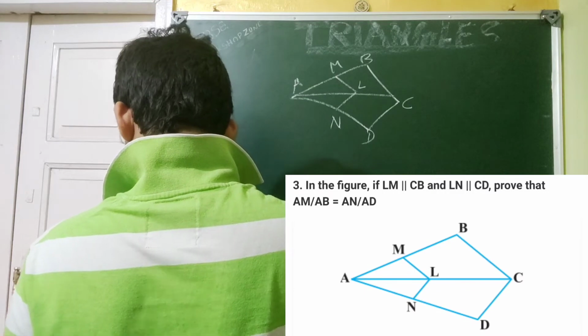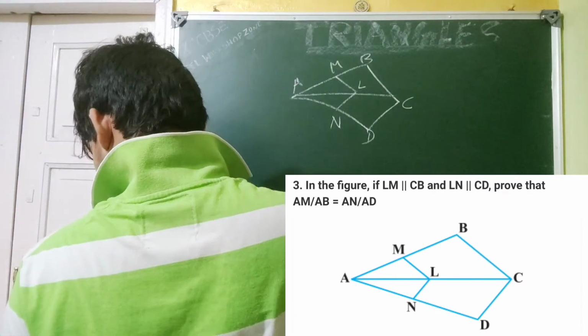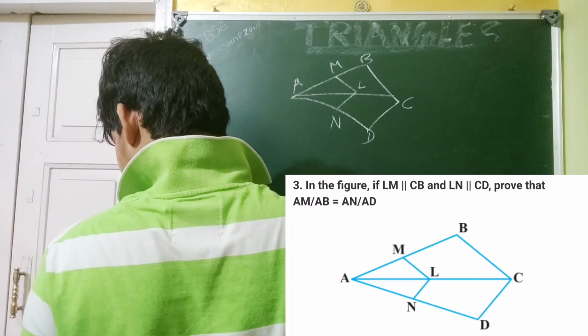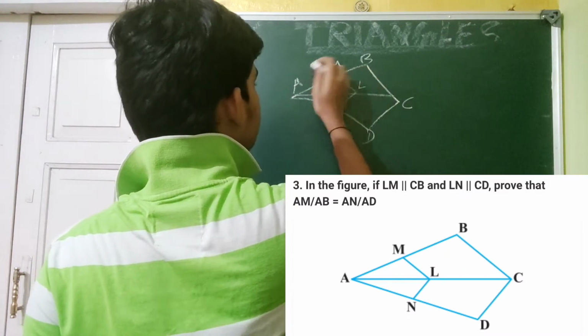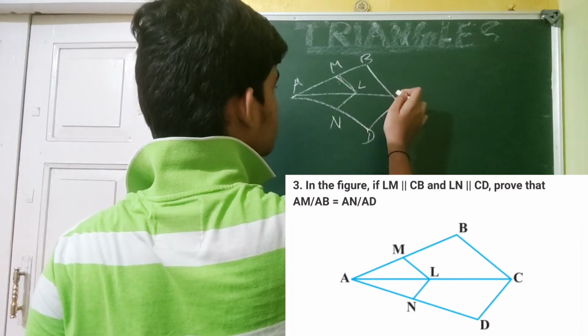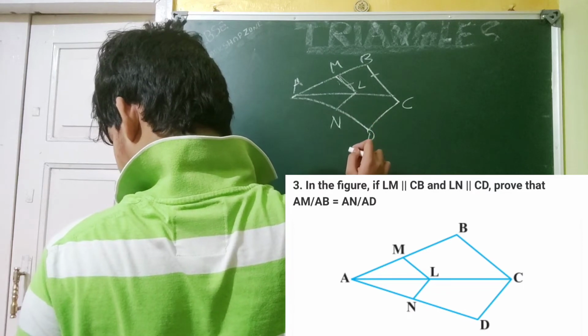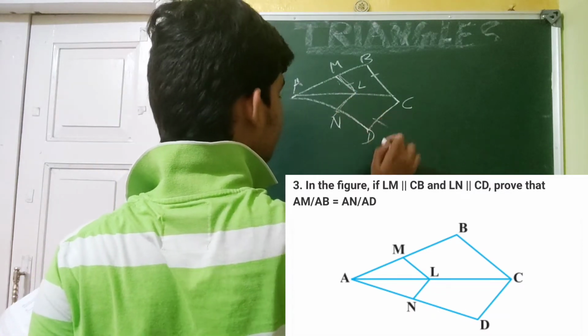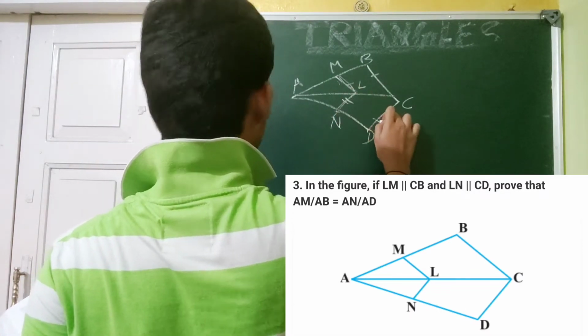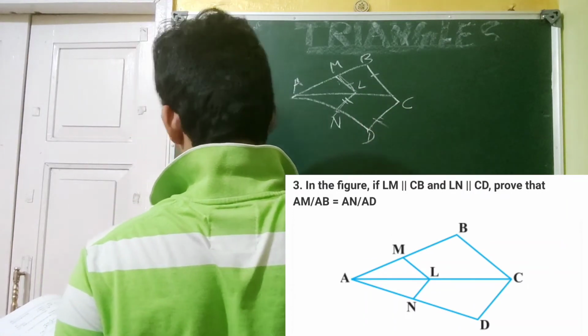As the question suggests, if LM is parallel to CB, and if LN is parallel to CD, prove that AM by AB is equal to AN by AD.